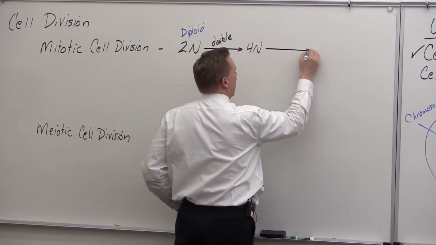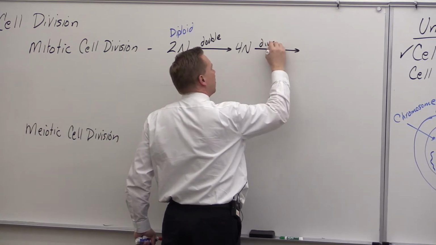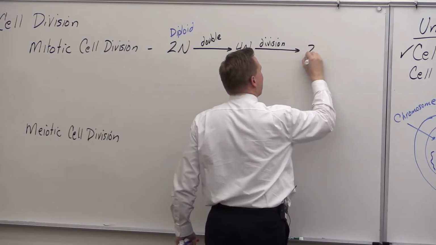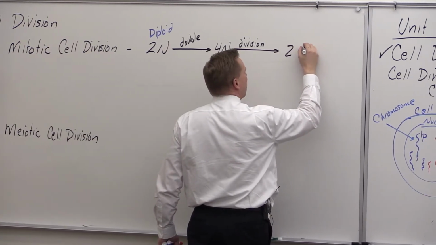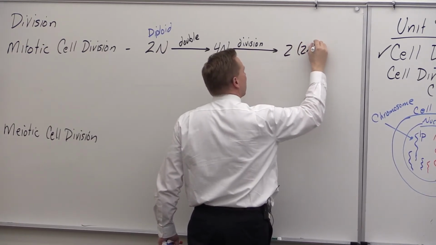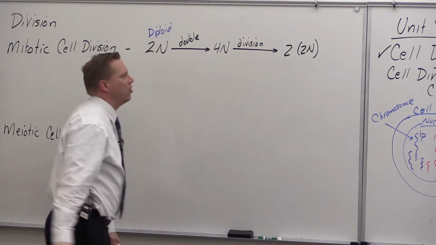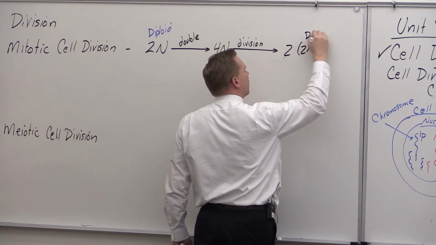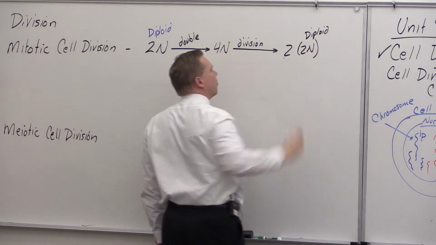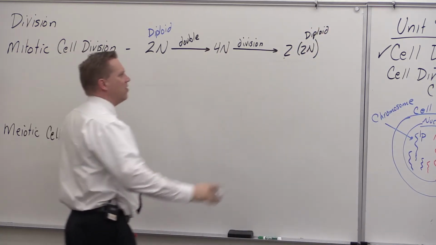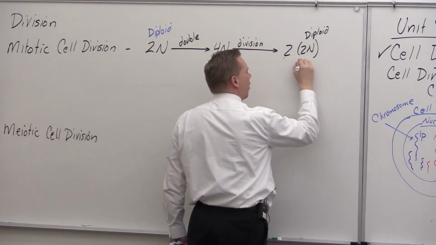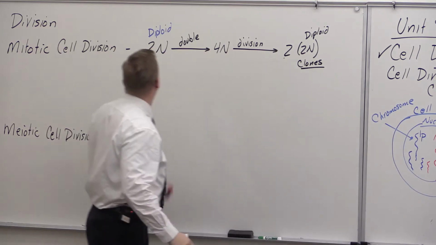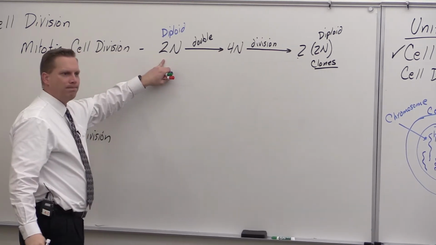And then we're going to undergo a division process, and we'll go back to having 2 cells that are 2N. So now at the end of this, we'll create 2 diploid cells. And these diploid cells are exact clones of the original parent cell.